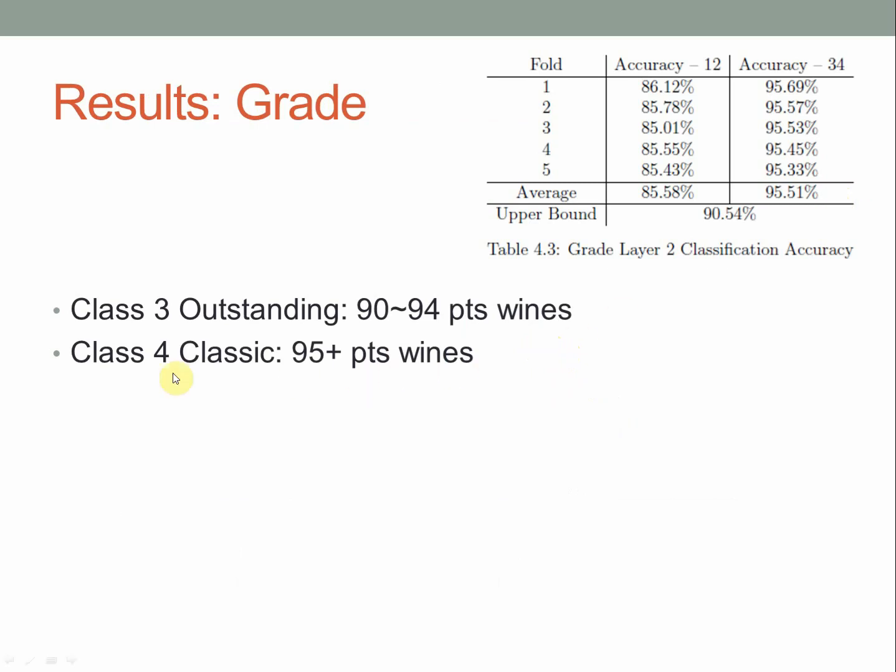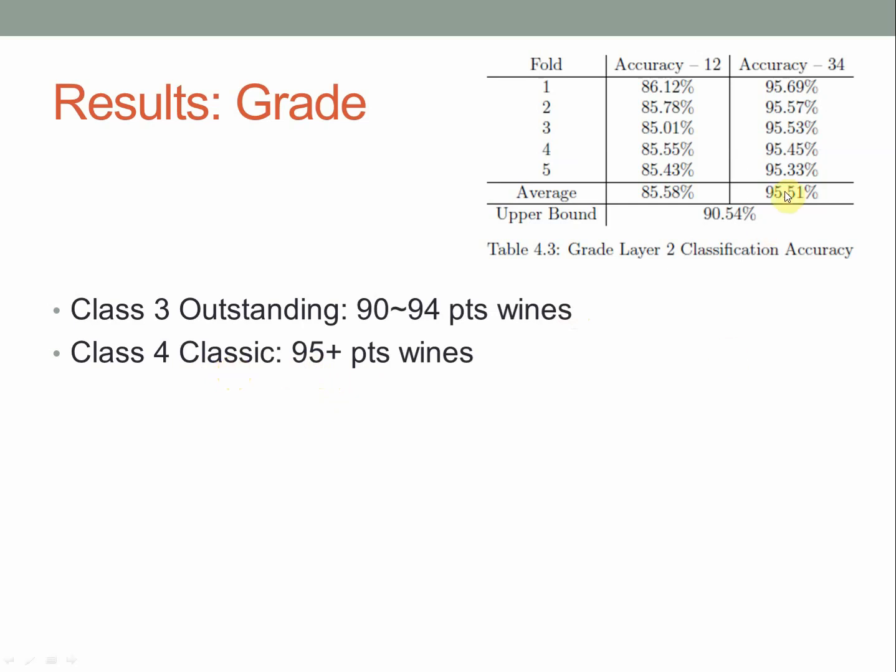We looked into all of those y's, class 3 and class 4, built an SVM classifier, and were able to make predictions with 95% and above accuracy on whether a y belongs to category 3, which is outstanding, or class 4, which is considered classic, receiving 95 plus. And of course, that is actually a very glorious indication that those y's are considered classic.